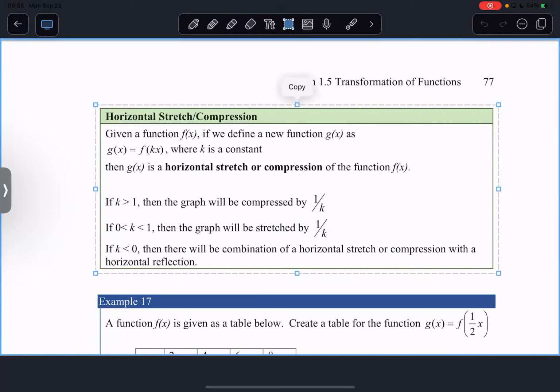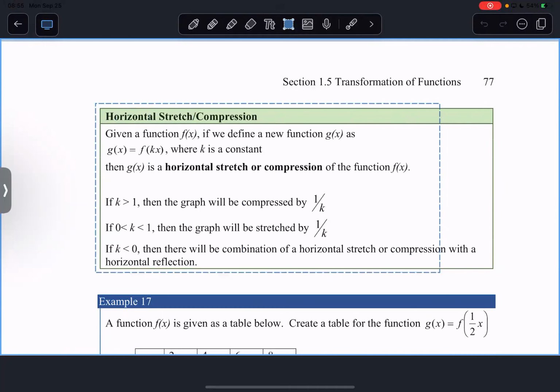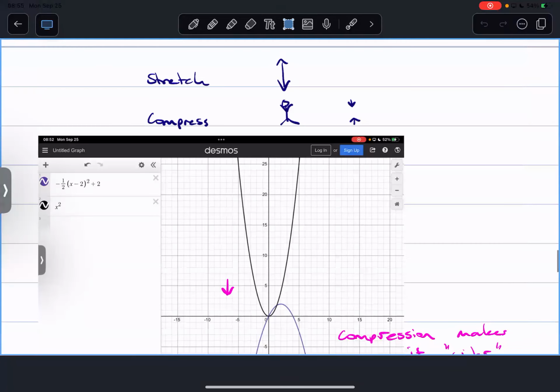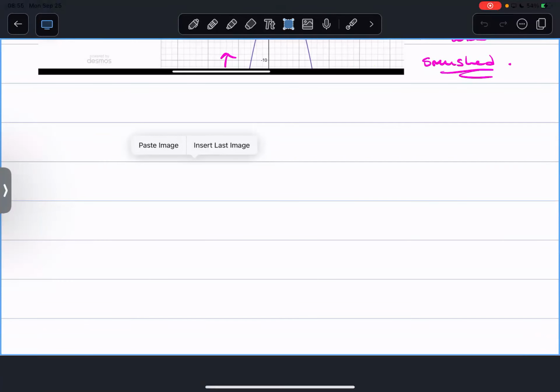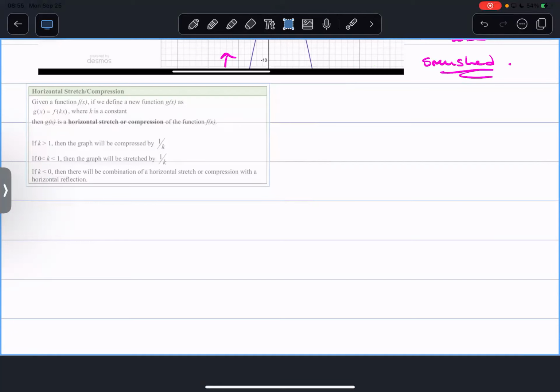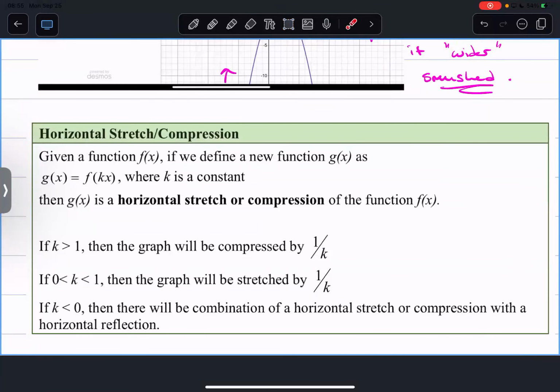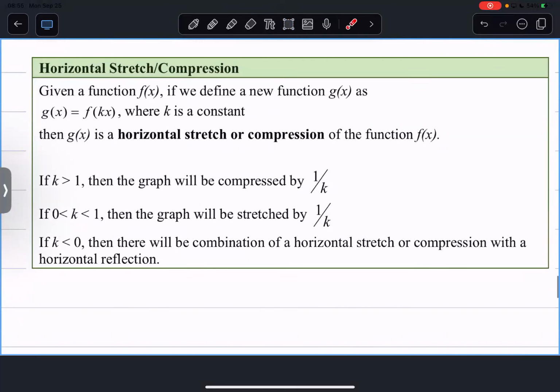More stretches and compressions, but in the other direction, horizontally. So if you have the k, so now it's multiplying on the x, right? Instead of the outside function, it's on the inside, the input.